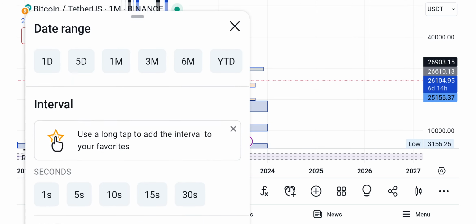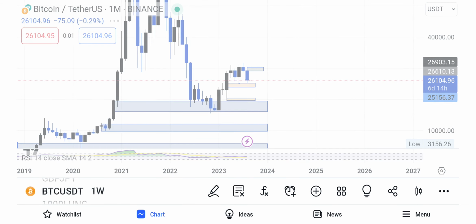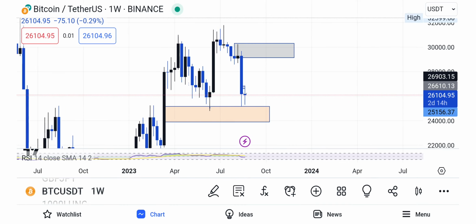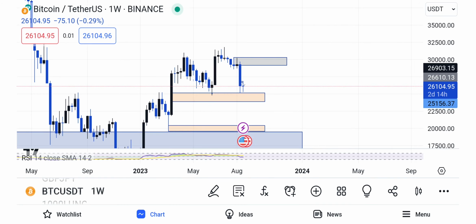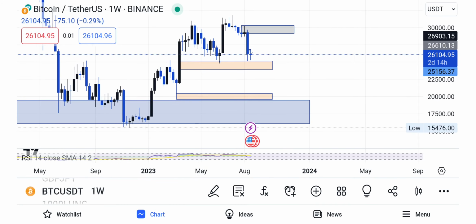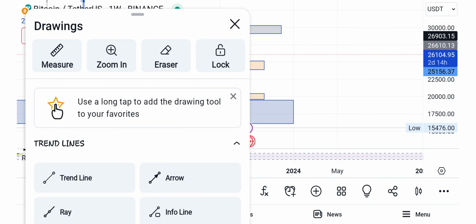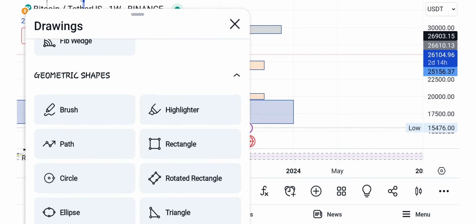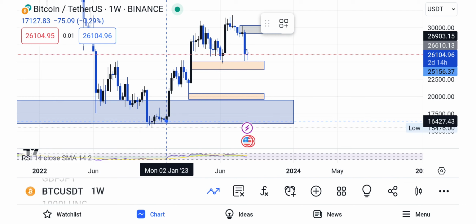I will move over to the weekly time frame, 1 week, just to get a clearer picture too. Okay, I've come to the weekly time frame. I'm seeing that price is currently making higher highs and higher lows. If I should draw this, let me start from here.